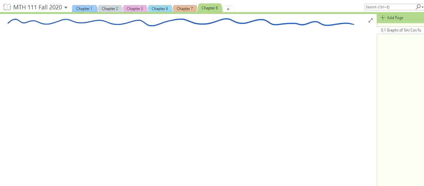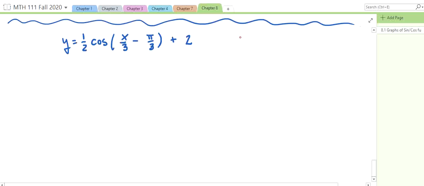Okay, so as you might have guessed, all these ideas can be going on at the same time. So we might have y equals 1/2 cosine of x over 3 minus pi over 3 plus 2. So we've got everything going on here. So let's start analyzing this thing.